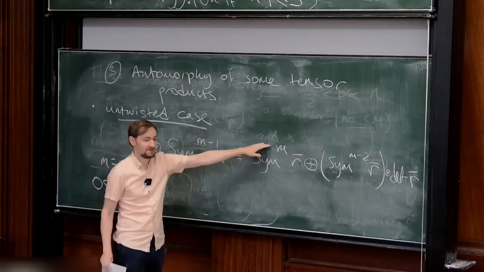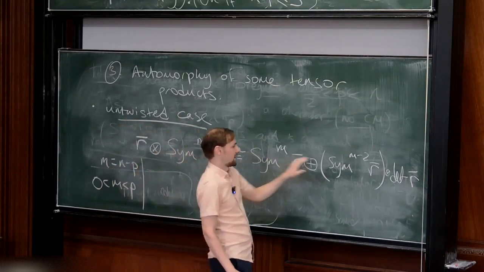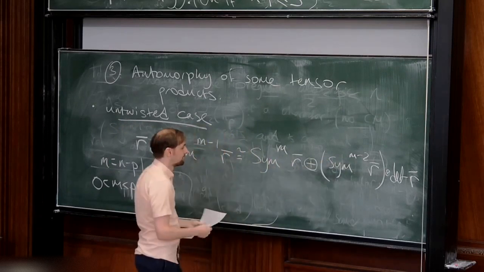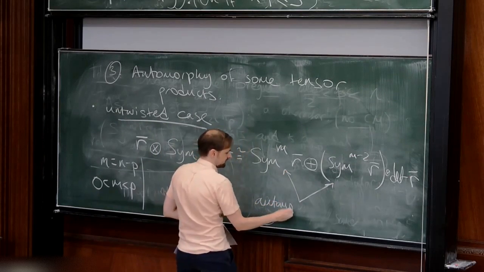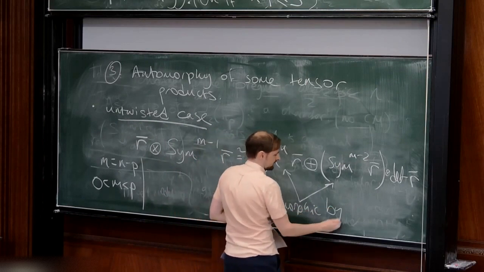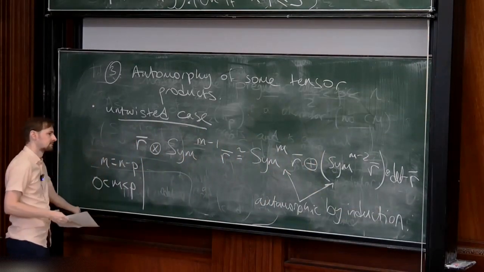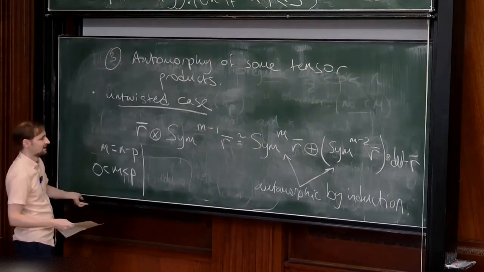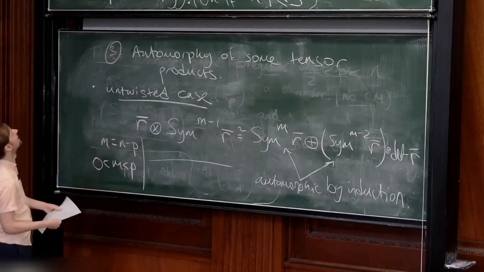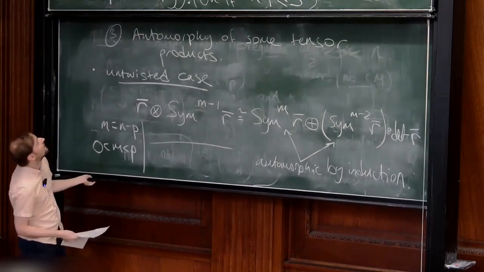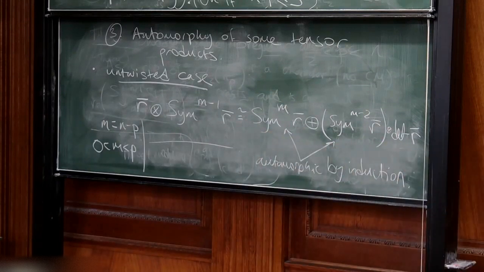Now the factors are still smaller symmetric powers than the symmetric power we were interested in to begin with, n minus 1. So we can argue by induction that these two pieces are automorphic. And then what we could do is try and carry out a version of this Thorne idea.